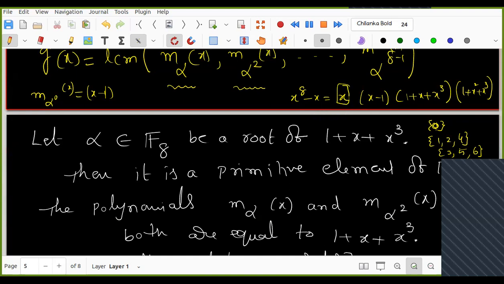Actually, forget about x. We are only concentrating on x power 7 minus 1. x power 8 minus x equals x times (x power 7 minus 1), right? So this is the modulo we take generally. 1 into 2 power 0 modulo 7, 1 into 2 modulo 7, 1 into 4 modulo 7, 1 into 8 modulo 7.